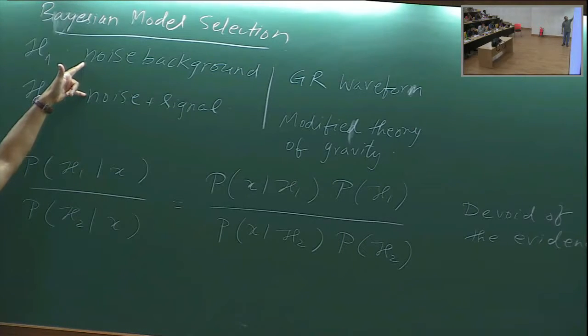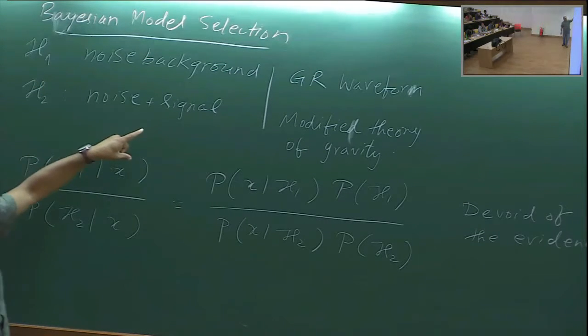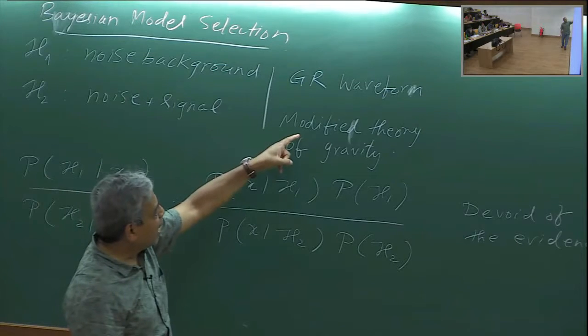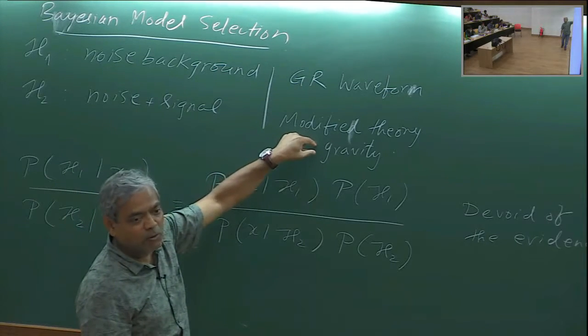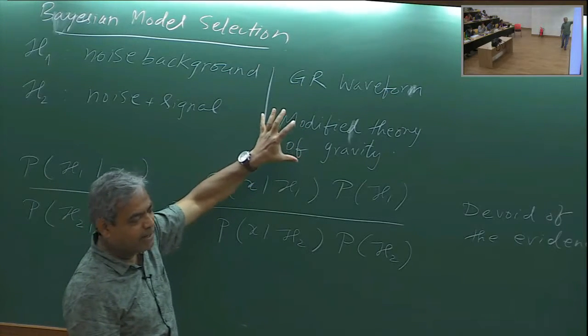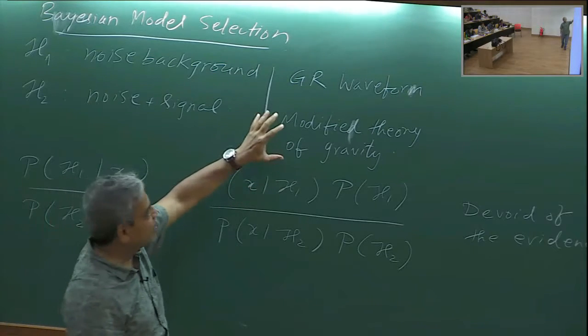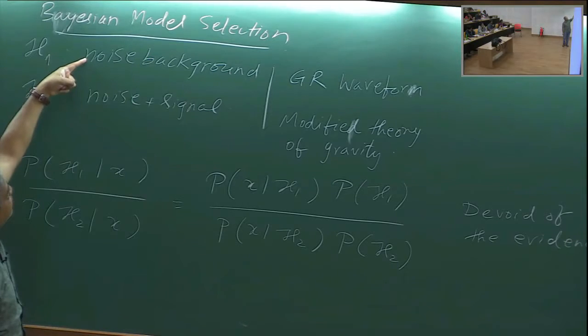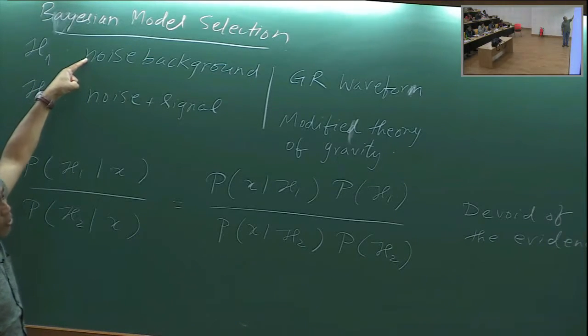If you don't know what your waveform is, of course, you have to make some assumption about what it is. I'm going to come back to this, where you don't really know what your modified theory of gravity is, when I look at specific examples. But even when you know what your signal is, in one case, there are no free parameters.